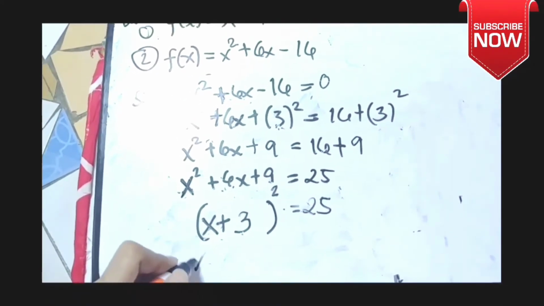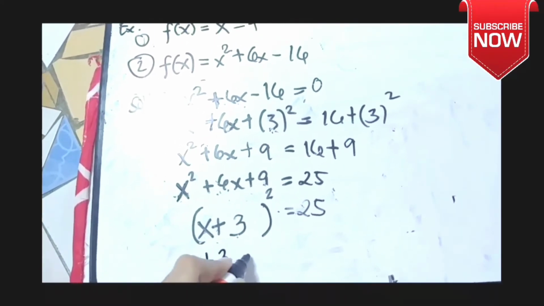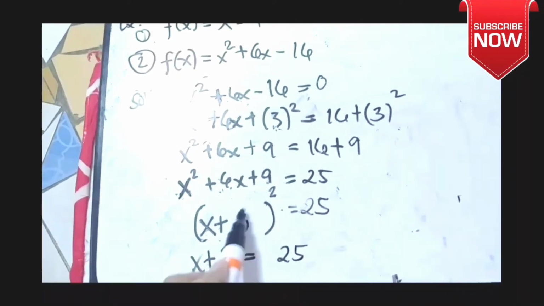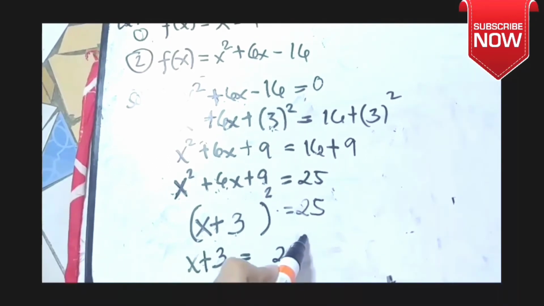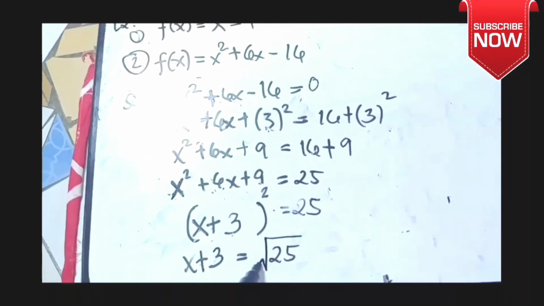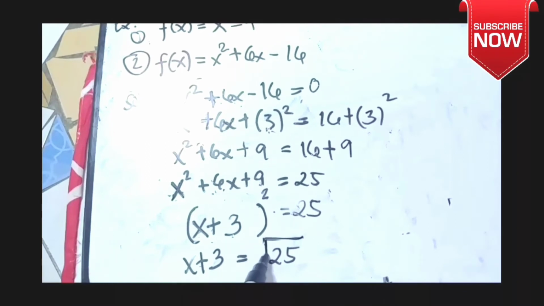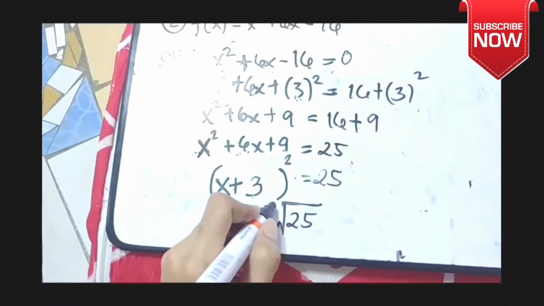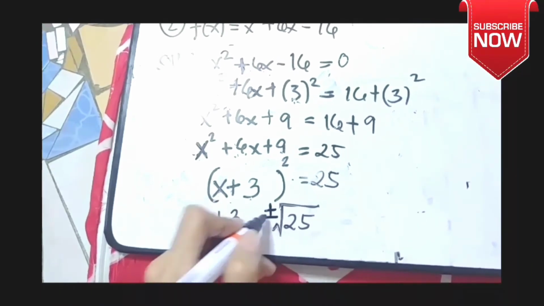So just copy x plus 3 squared is equal to 25. Para mawala yung 2, kailangan nating square root si 25. Gagawa tayo ng radical sign which nasa loob si 25, and then wag natin kakalimutan maglagay ng plus, minus.